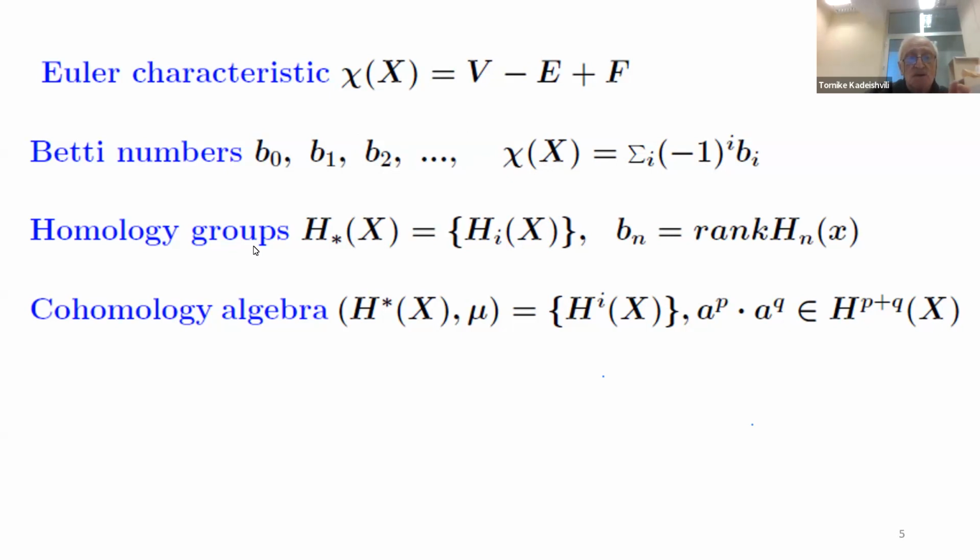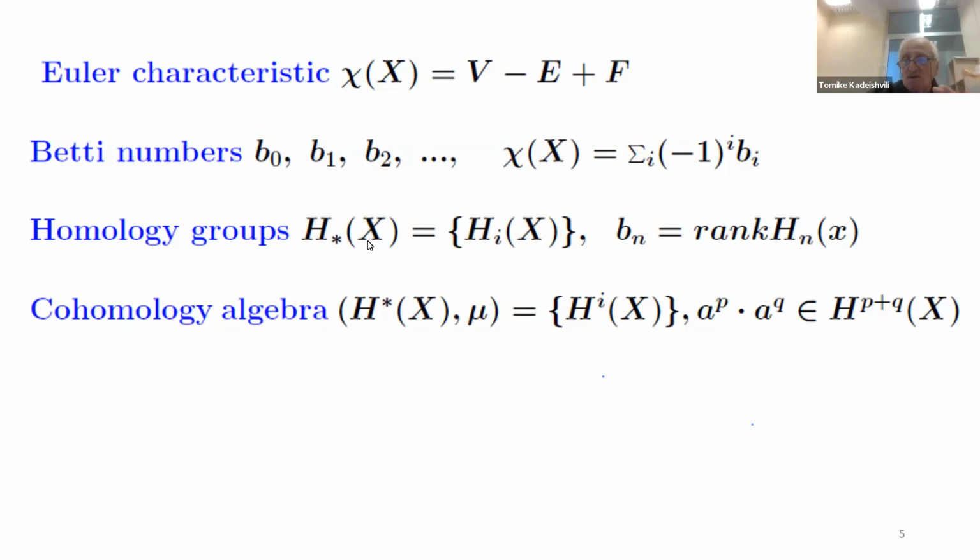Next were discovered by Henri Poincaré at the beginning of the 20th century the homology groups, which are connected with Betti numbers: Betti numbers are the ranks of these groups.